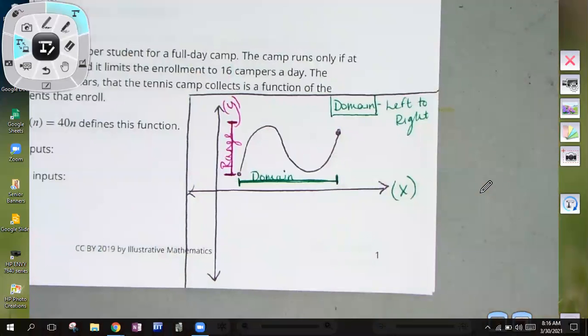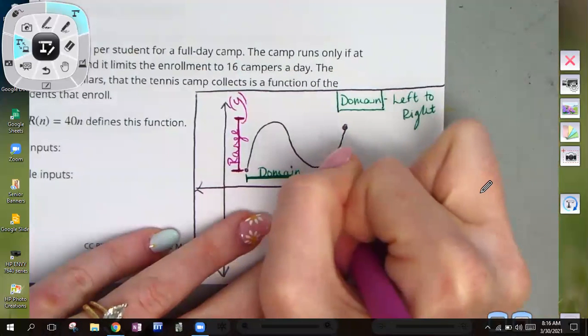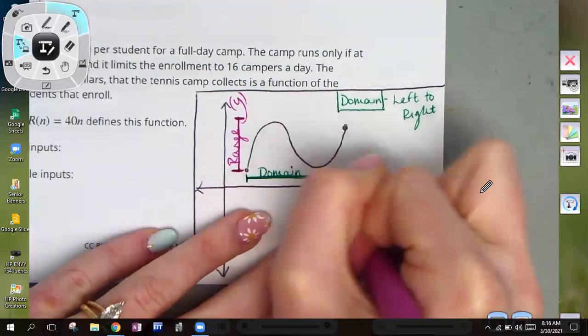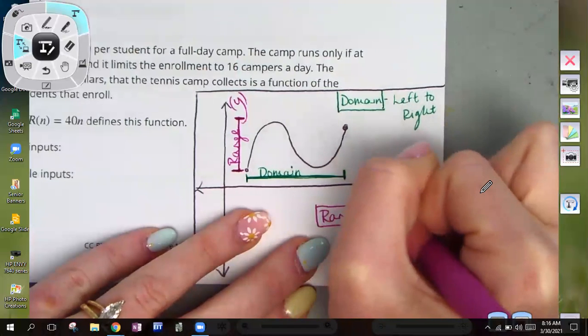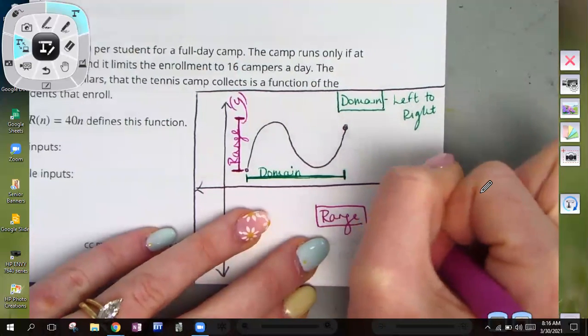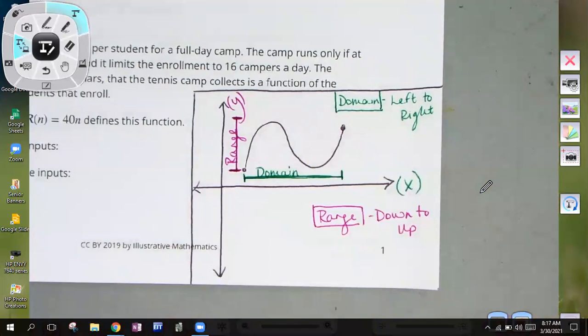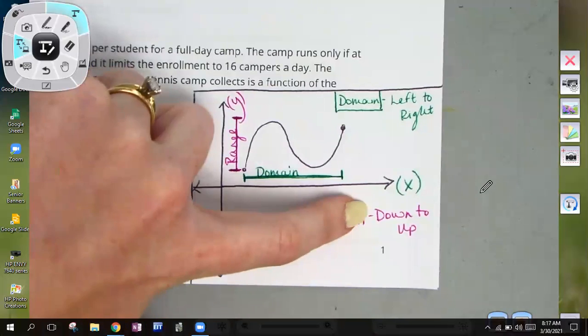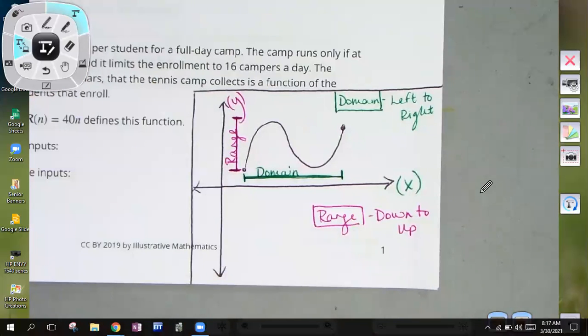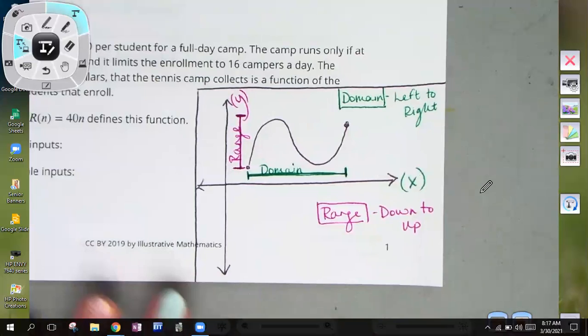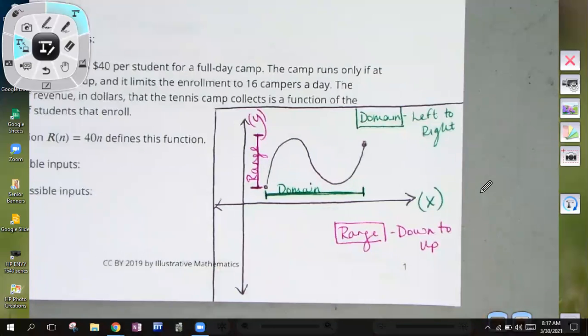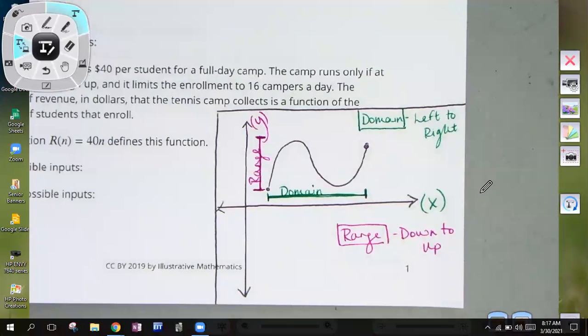And when you're reading range, you read it down to up. I know that seems confusing, but you always have to start with the lowest point and go to the highest point. If it makes more sense to you to write lowest to highest instead of down to up, you do what you need to do. Down to up, bottom to top. That sounds better. Down to up, lowest to highest, bottom to top, whatever you need to say.